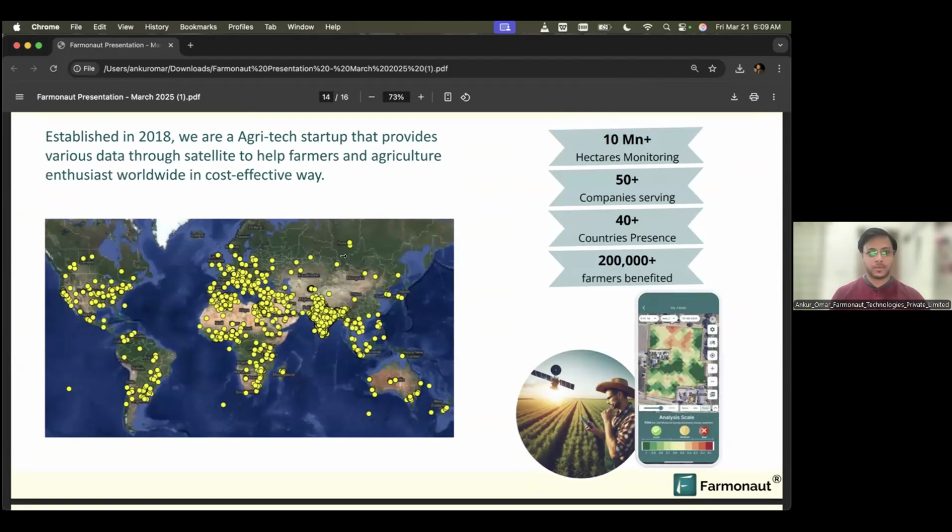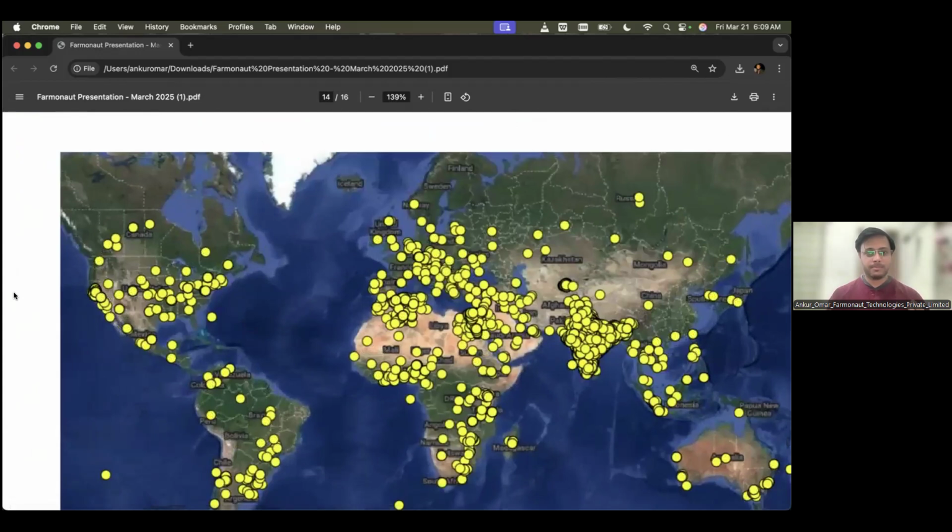Definitely. Because farmers may have different acreage, we provide a tier-based subscription model wherein you can start as low as $30, and within $30 you will be able to monitor up to 50 hectares of your farmland. As the area increases, you can just keep on changing your usage tier.